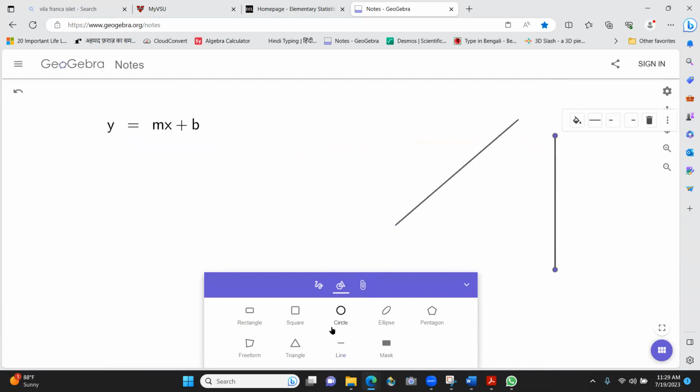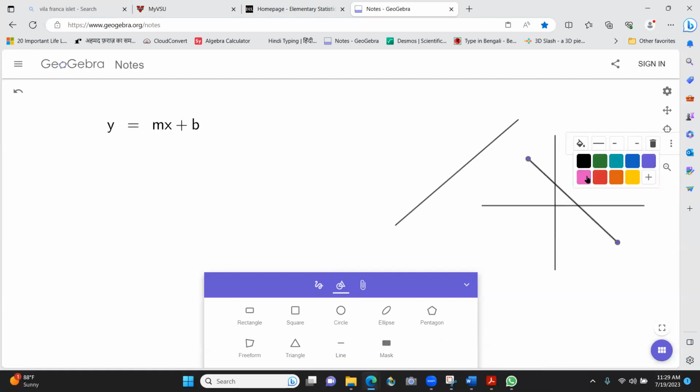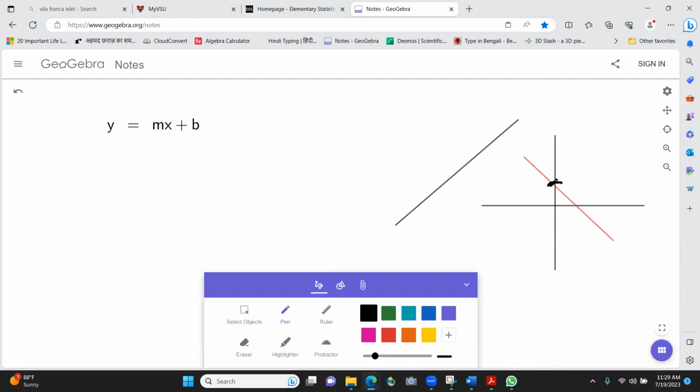What's the y-intercept? If this is your x-axis, y-axis, and this red line is your line, the y-intercept is the point where the line crosses the y-axis, namely here.